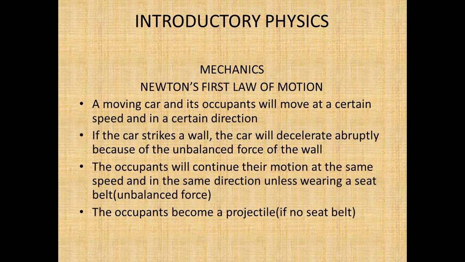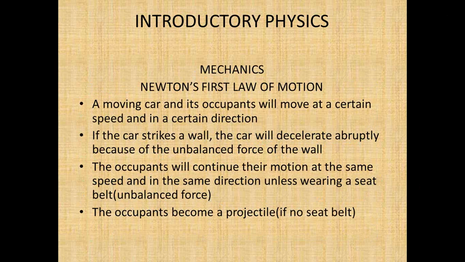Okay? So again, you're driving the car in a certain direction, certain speed, you hit a wall. The wall will stop the car because the wall is the unbalanced force. It's going to stop the car. But you're going to continue to move in the same direction and at the same speed. You will be ejected from the car unless you have a seat belt. So the seat belt would be an unbalanced force.